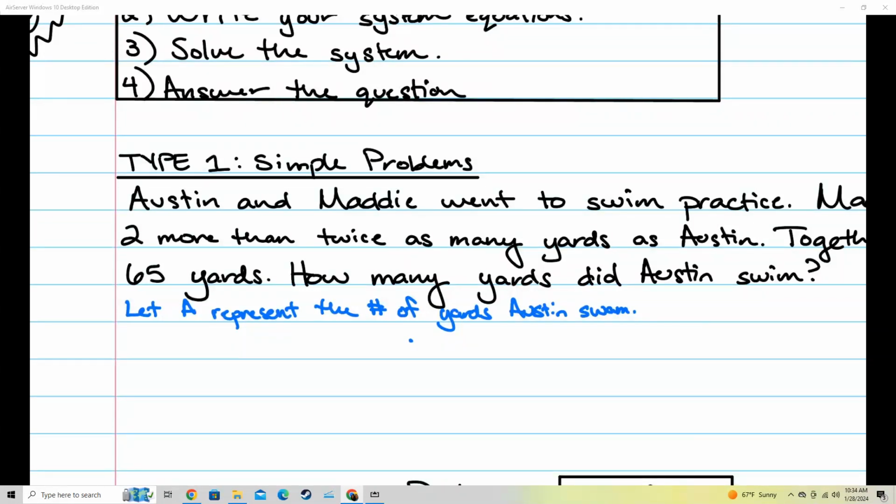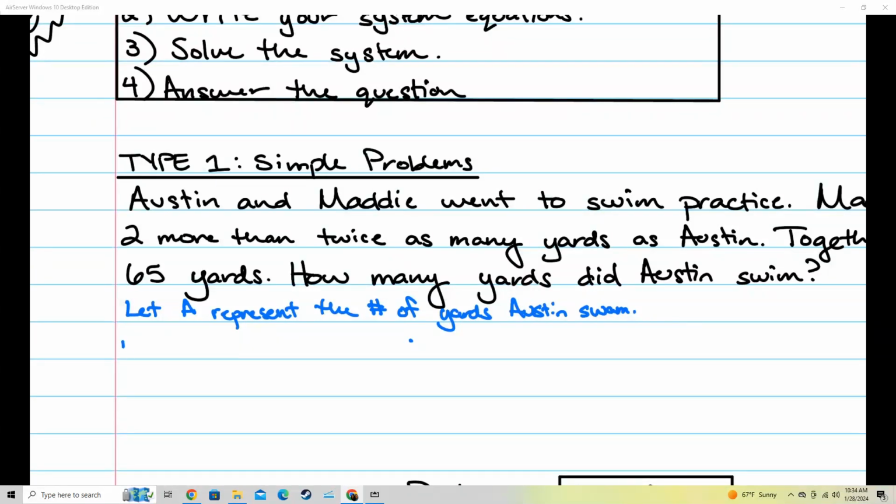So now I know I'm going to be using the variable A and it's going to stand for how many yards Austin swam. That's not enough though, because with these kinds of equations, we've been dealing with two different variables. So if I'm going to let A represent the number of yards Austin swam, what do you think is a good other variable that I don't know just yet? Well, that would be the number of yards that Maddie swam. So I'm going to define another variable.